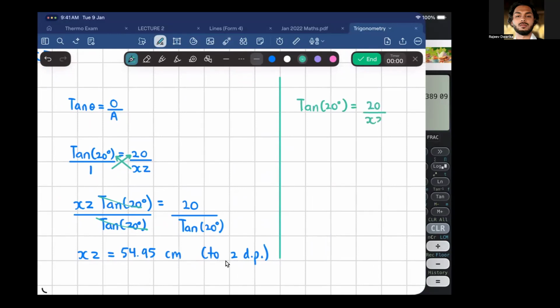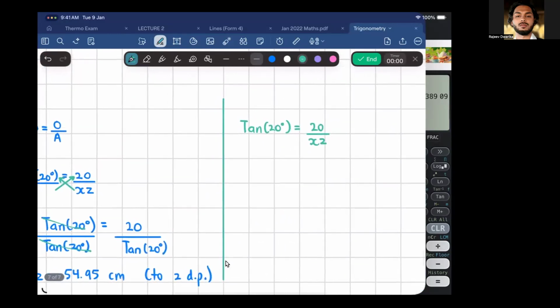Now, if you're trying to find XZ, it should not be in the denominator, so you multiply both sides by XZ. You end up with XZ tan 20 degrees, and on the right-hand side the XZ cancels off with the XZ you multiplied by.